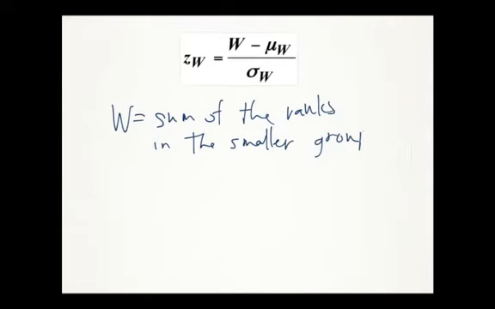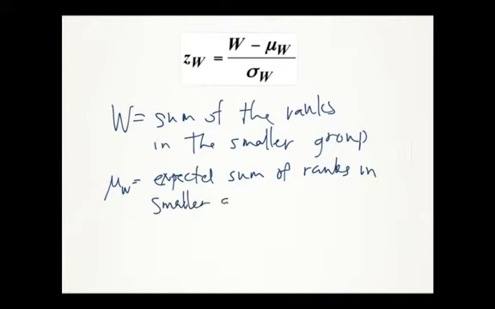Well, we're going to add up the ranks for the adults, we're going to add up the ranks for the children, and whichever one of those sum of ranks is smaller, we'll call that W. Okay, mu sub W is the expected sum of ranks in the smaller group under the null.